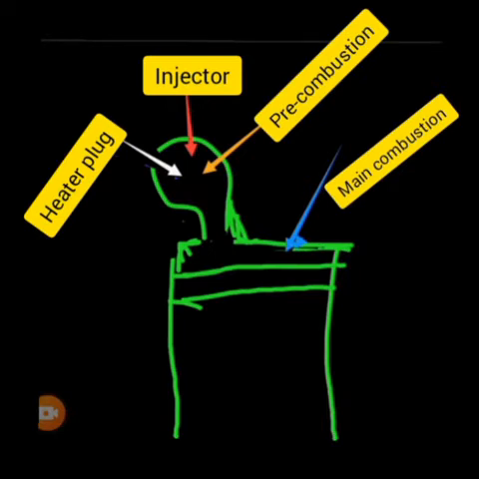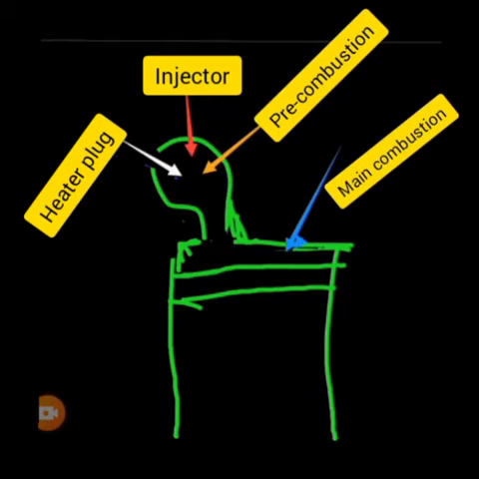So now, how does it work? The air is heated up by your heater plug. And remember, only part of the fuel burns in the pre-combustion chamber, because there is only a little air available there. So what will happen? The main combustion also takes place right on your piston, but the heat is transferred to your piston head where the combustion will take place.